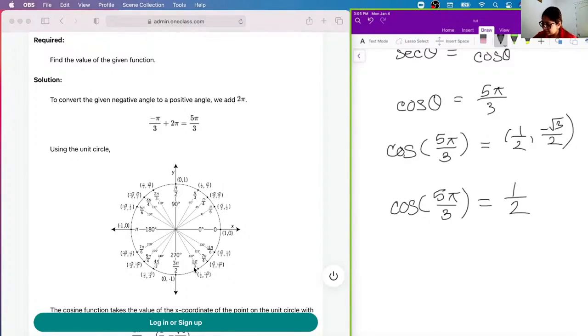However, if you go back to our secant function, secant of 5 pi over 3 is equal to 1 over cos of 5 pi over 3.